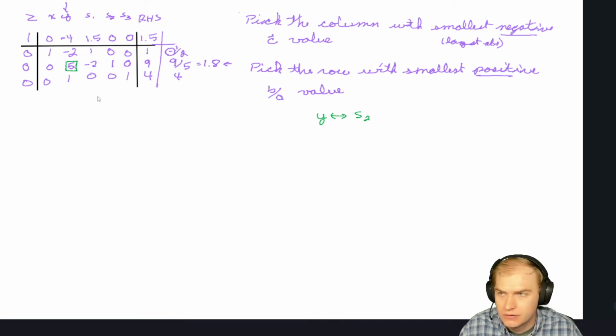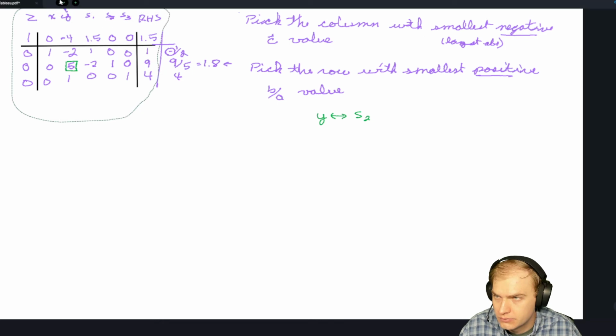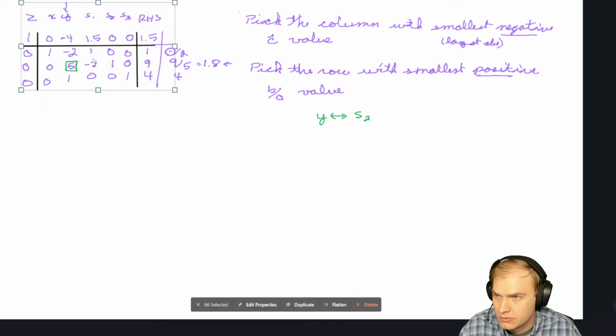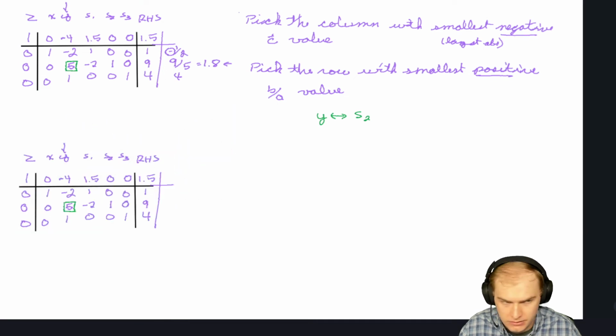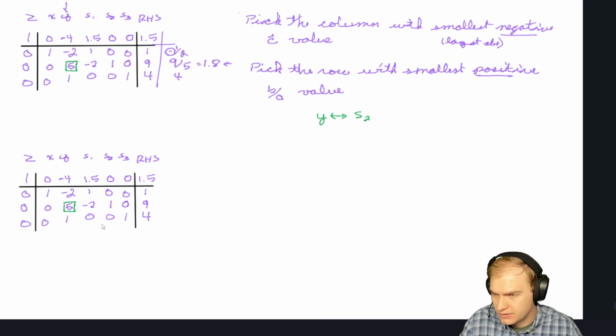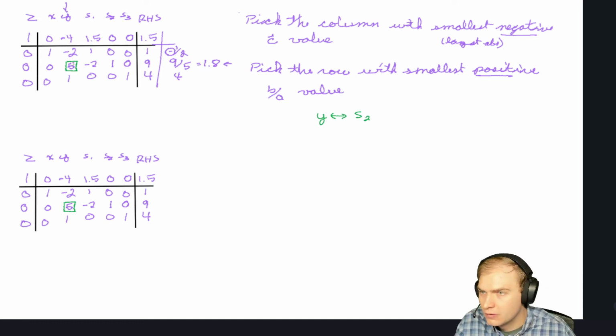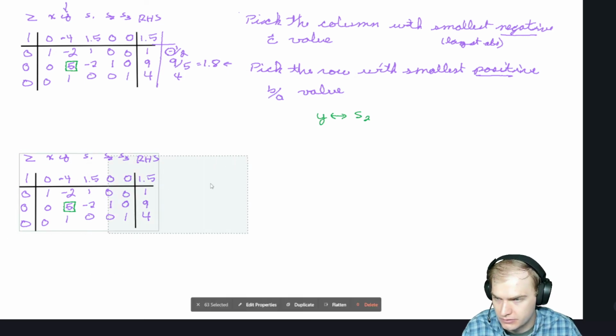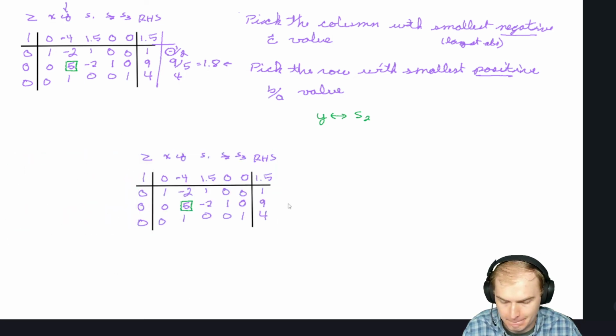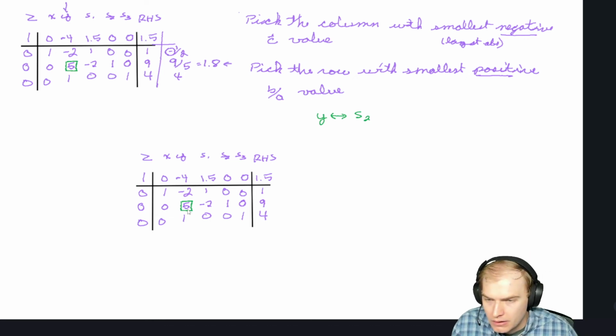So let's grab our Tableau. Paste it here. And erase the things that are going to change. Actually, let's put them over here again. We have a 5 here. We want to replace that with a 1.